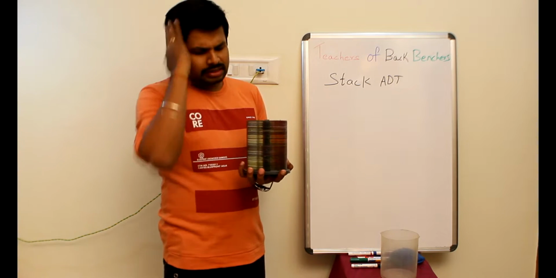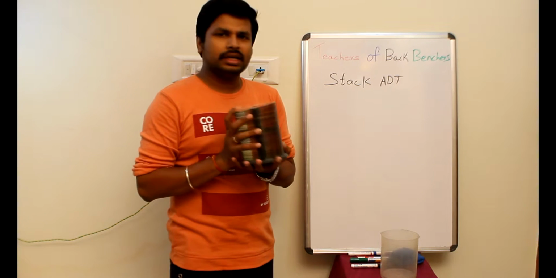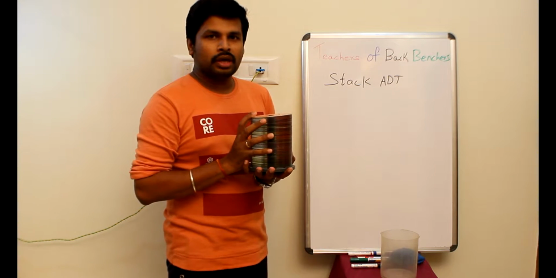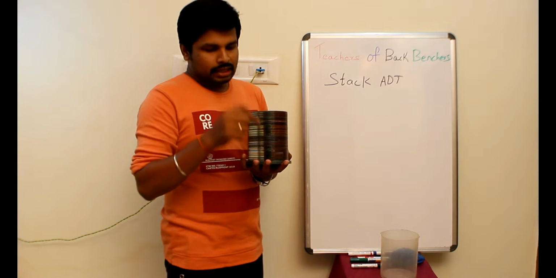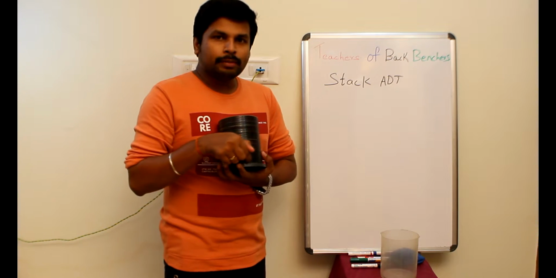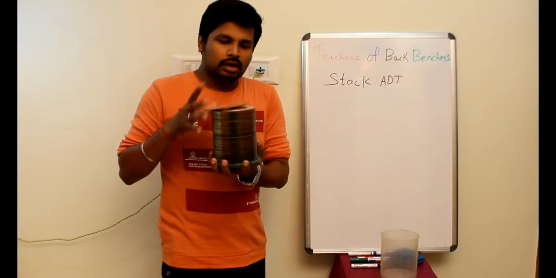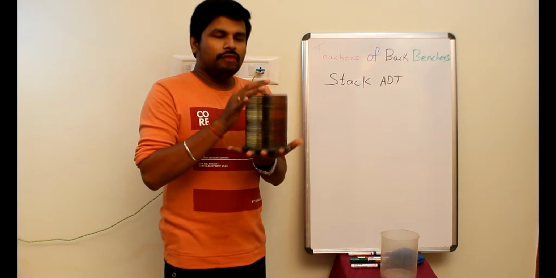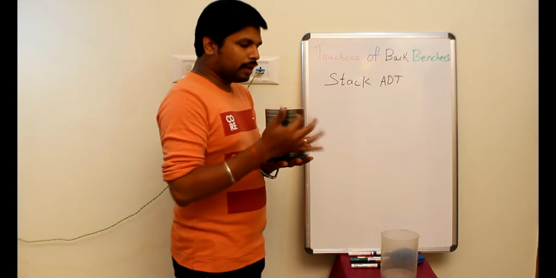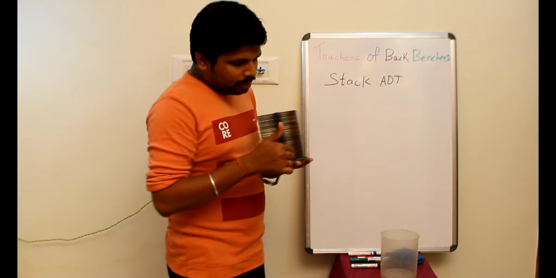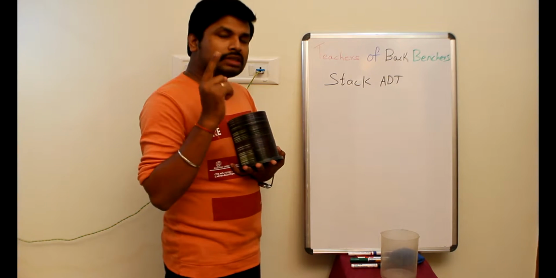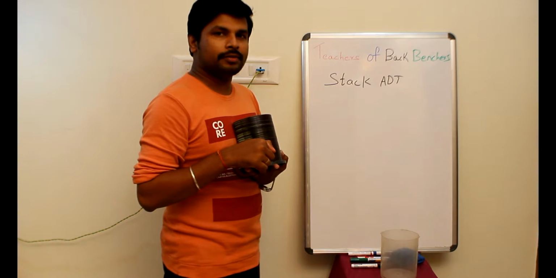Now let's assume there are 200 CDs or 100 CDs available in this rack. The first CD inserted is the one at the bottom, the last one available in the CD rack. If we delete the elements one by one, the last element deleted will be the first element that was inserted.